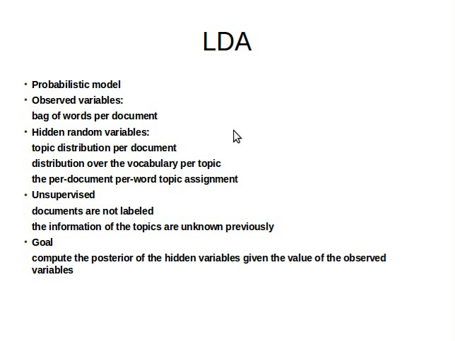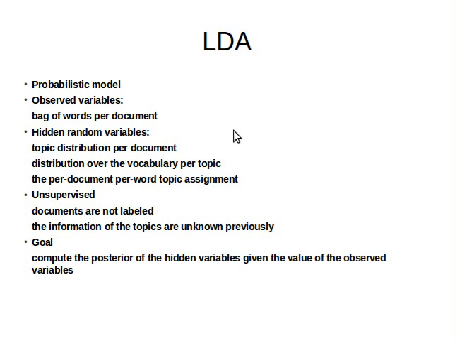For example, we don't need to know that an article that talks about algorithm performance is related to computer science. So it's totally unsupervised, and the knowledge of the topics will emerge from the set of documents.